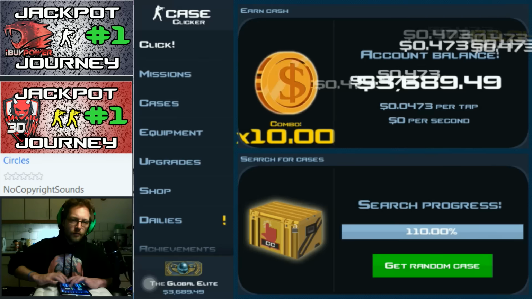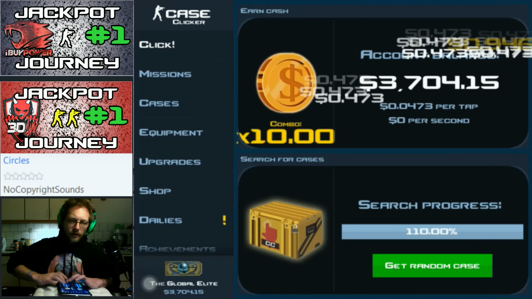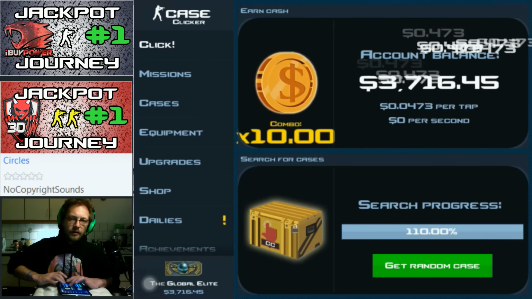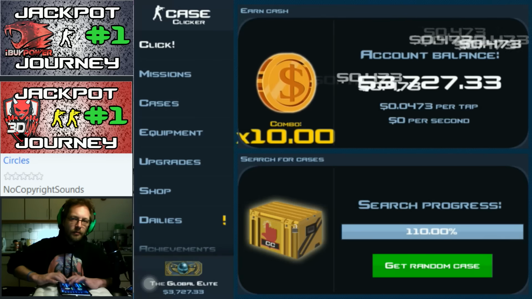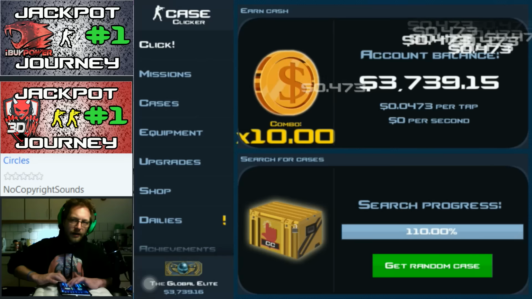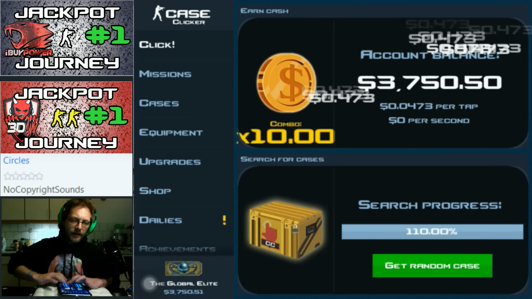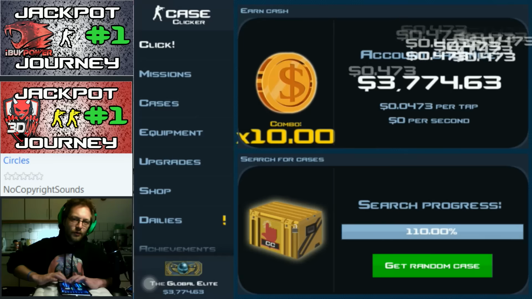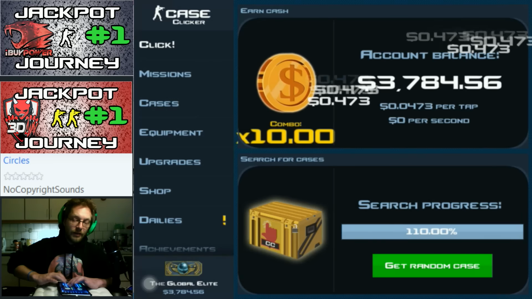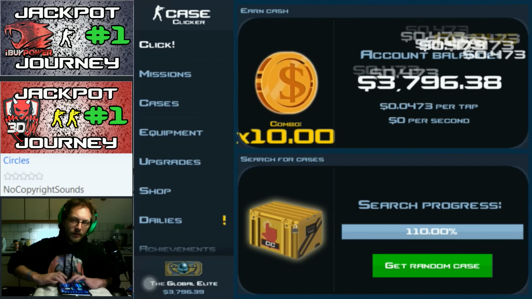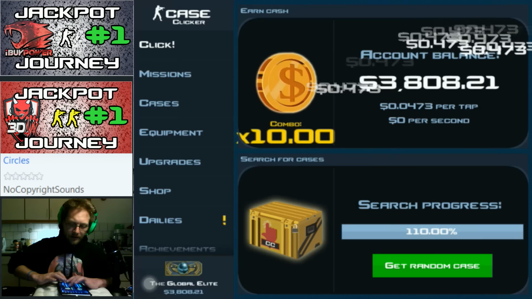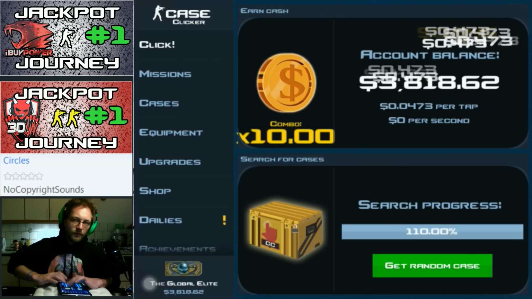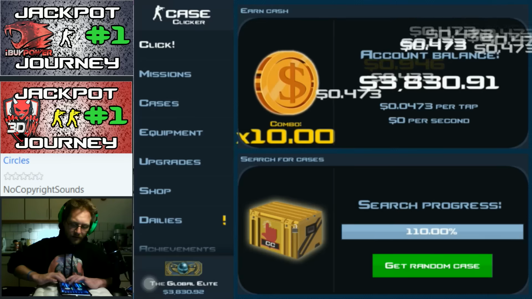What I want is more money for tapping. That's what I want. Not a higher combo, because the combo is high enough. It takes too long to build it up already. If I got like a 20x combo, I would probably go for it, but it would just mean that I would tap less frequently and for a longer time when I did it.